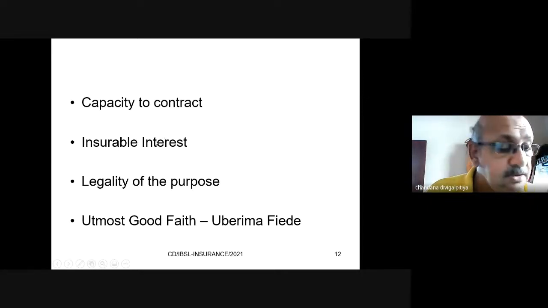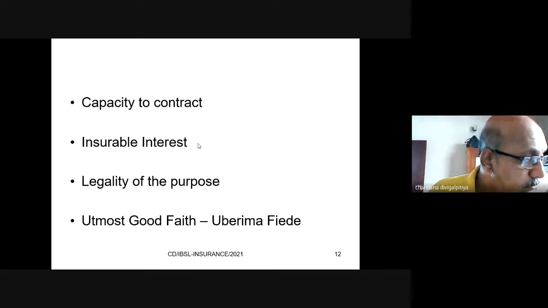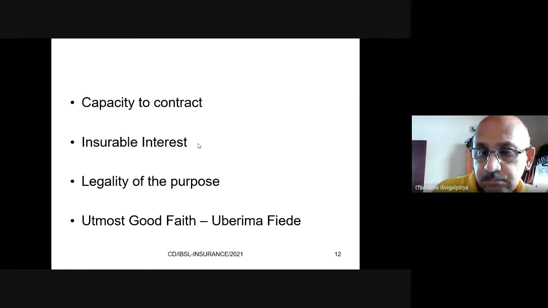Insurable interest means, put a dash here, you must have an interest to buy insurance.